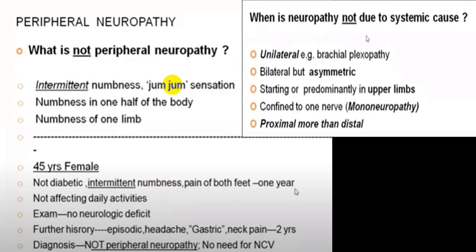What is not peripheral neuropathy? One, intermittent numbness. If a person is telling you that in between it is completely normal. Jumping numbness. Numbness of one half of the body. Numbness of one limb. It is less likely to be peripheral neuropathy. When neuropathy is not due to systemic disease like diabetes, if it is unilateral, bilateral and asymmetrical, predominantly in the upper limb or starting from the upper limb, confined to only one nerve, particularly mononeuropathy, it is less likely to be systemic.